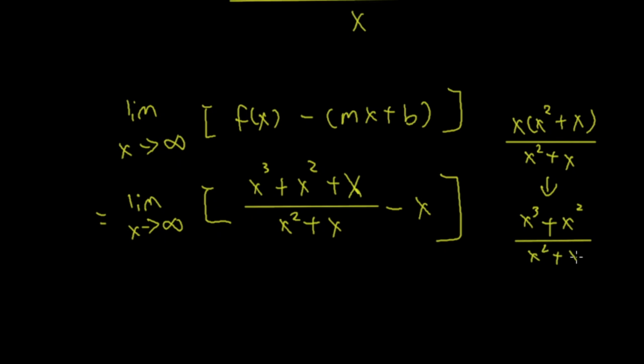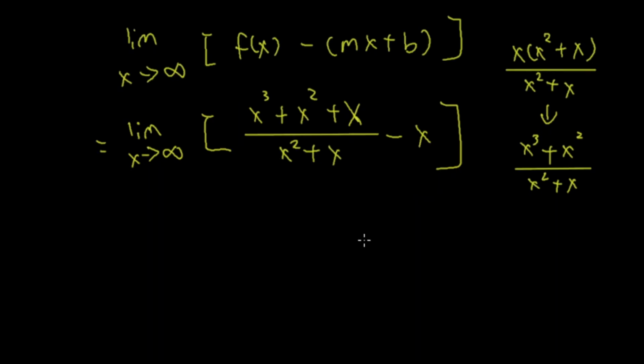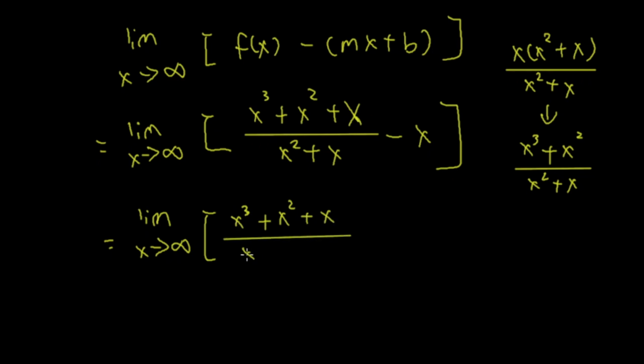Okay, now that's equal to the limit as x approaches infinity of x cubed plus x squared plus x divided by x squared plus x, minus this, x cubed plus x squared divided by x squared plus x.